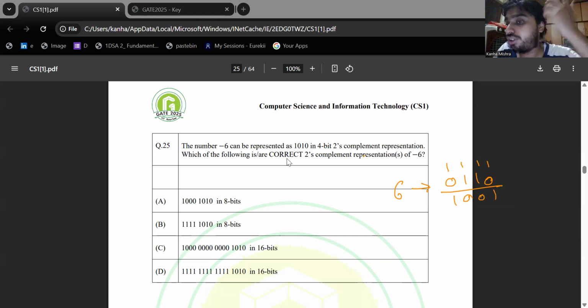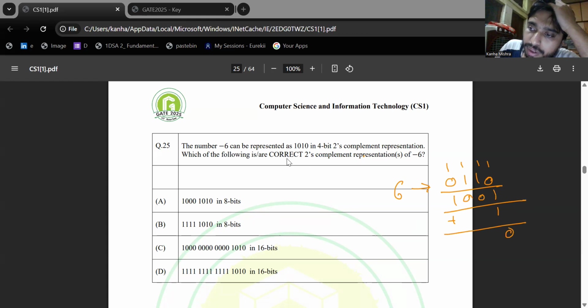That is actually inverting. Once you invert all the digits, you can add one more to that. If you add 1 to this, it will be 0, carry out 1, and then 0, and again 0. So 1010 will be the number.